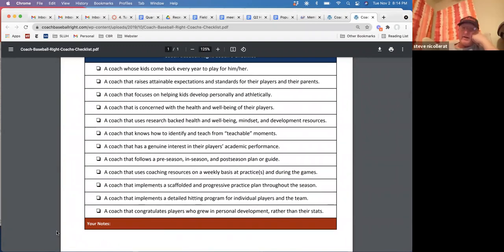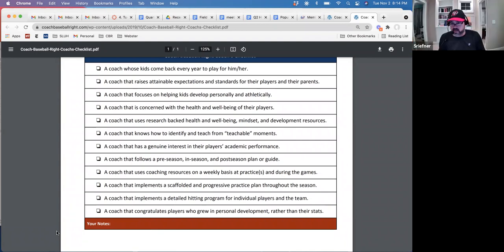Yeah, I love it, and I love that you hit on the mental aspect of it, Steve, you and Tom, because I have a 10U team, and right now it's every practice that continues to be what we're driving home. I set a theme for our practice every week, and our theme this week is fail forward.